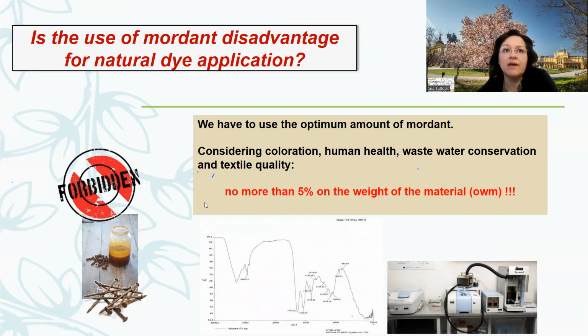You have to care about human health, about wastewater pollution, and of course, about textile quality. And when we put all of this information into account, no more than 5% of metal by mass of material should be used.